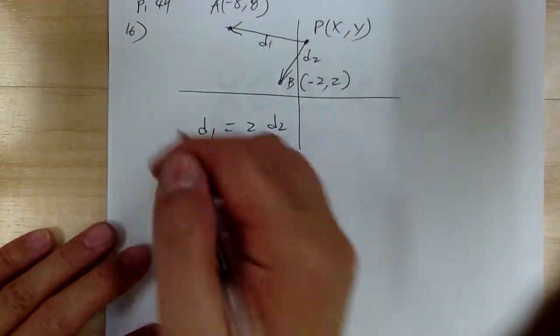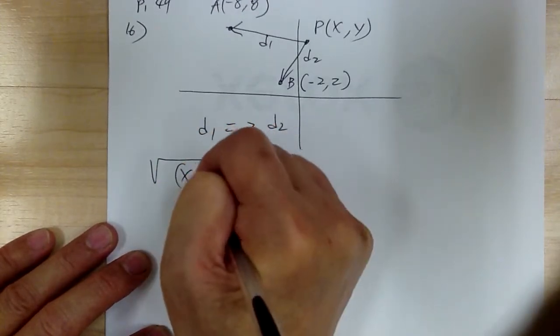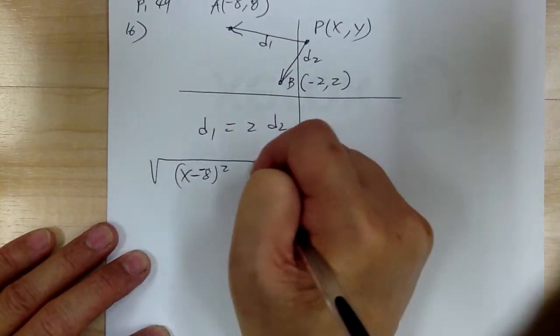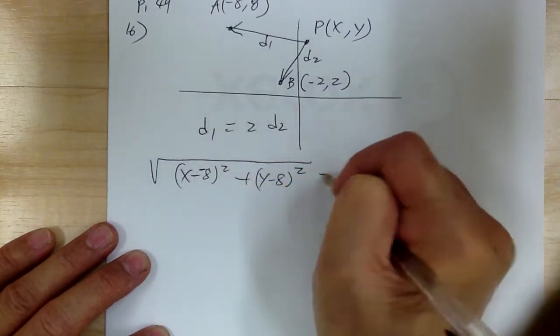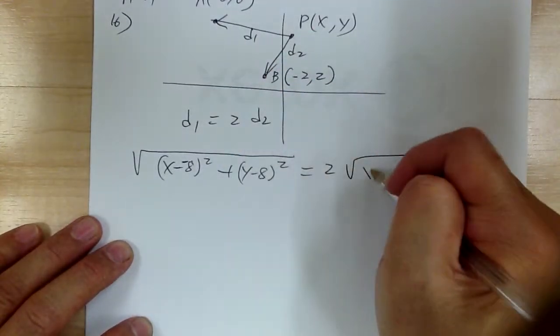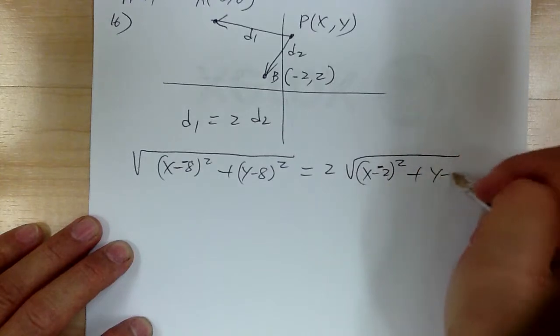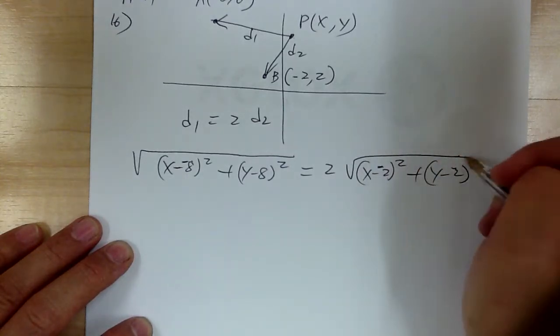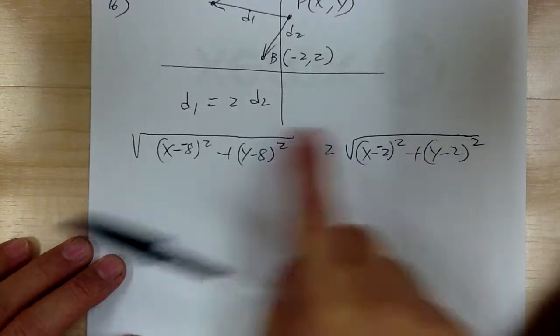Okay, so now use your distance formula. So you get x − (−8). So watch out for the negatives. Plus (y − 8)² equal to 2 times the D2, which would be x − (−2) squared plus (y − 2)². Okay, then after that you want to square both sides.